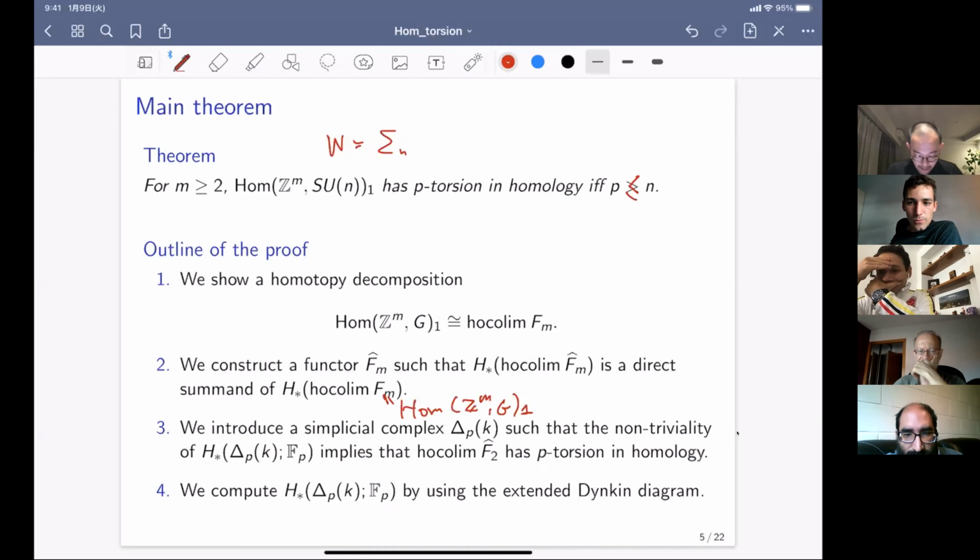I mean, we will introduce a simplicial complex Delta_{p,k}, which is defined in terms of the Weyl group of G, such that the non-triviality of its mod p homology implies that the hocolim of FM hat has p-torsion homology.